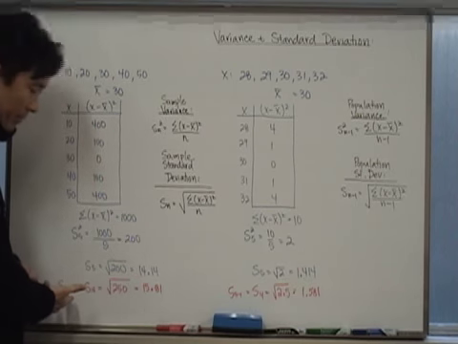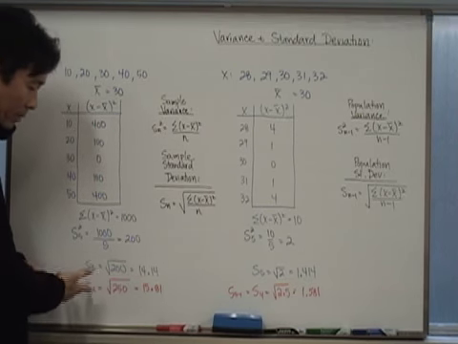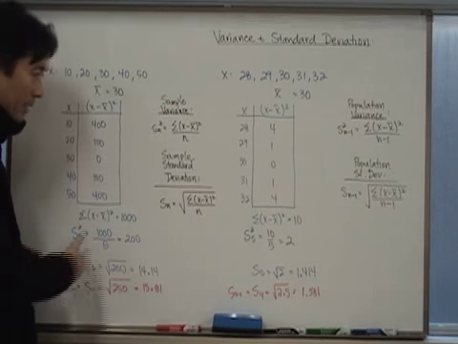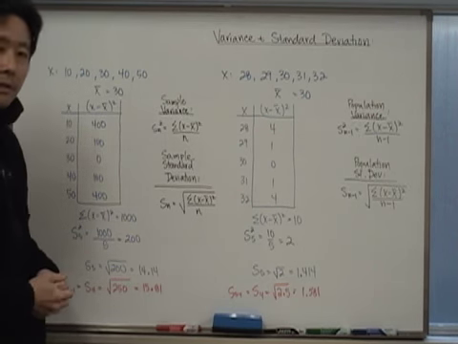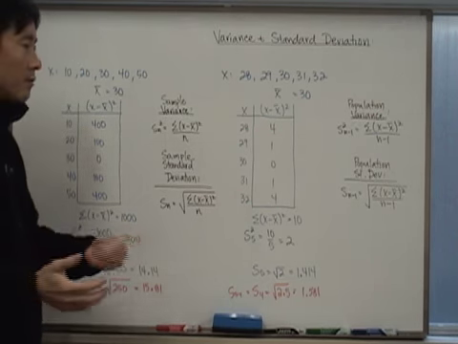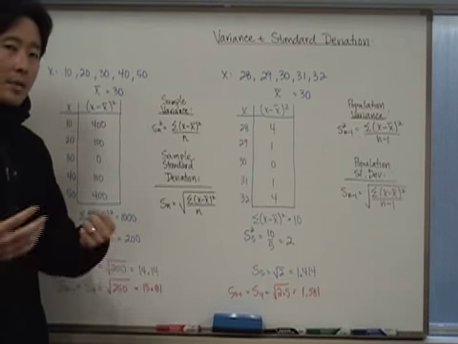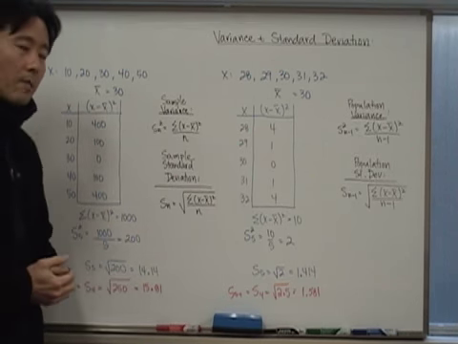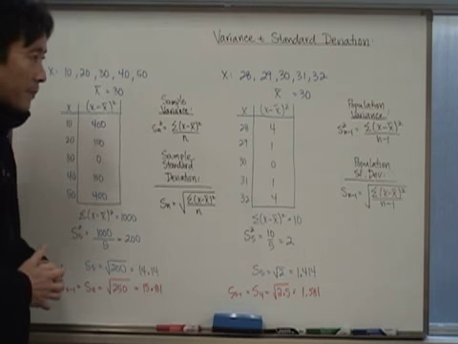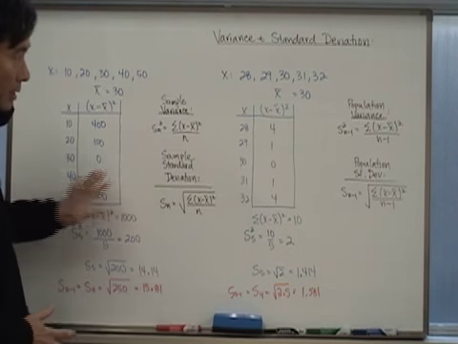We incorporate it simply by dividing by one value less for the sample variance. So in other words, the sample standard deviation and the sample variance are always going to be larger than the population variance and the population standard deviation. Hopefully that's clear.